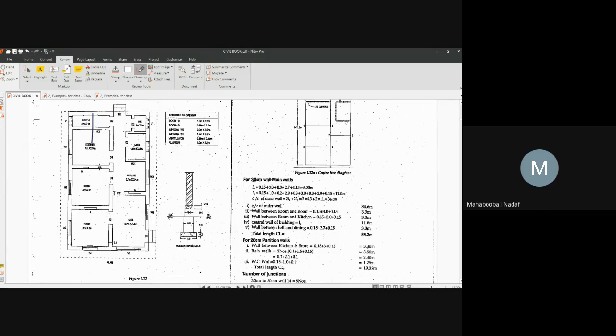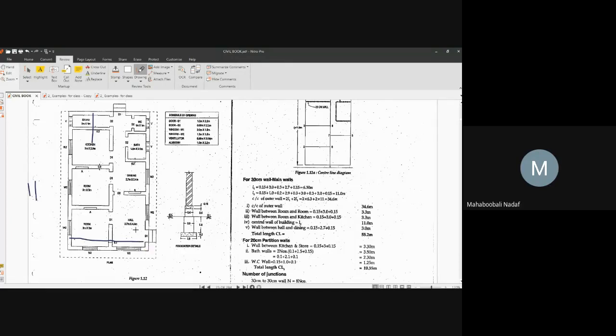How much? 11, sir. Very good. That is correct, 11 meter. Now I will come to this line: 0.3 by 2 plus 3 plus 0.3 by 2 plus 2.7 plus 0.3 by 2. 6.3, sir. Correct, 6.3 is correct.